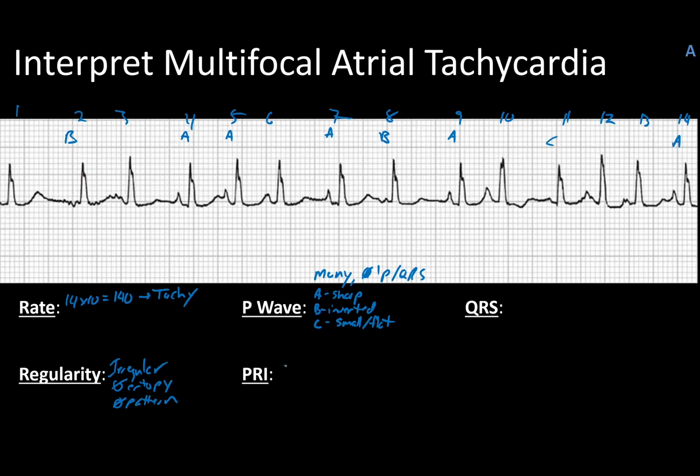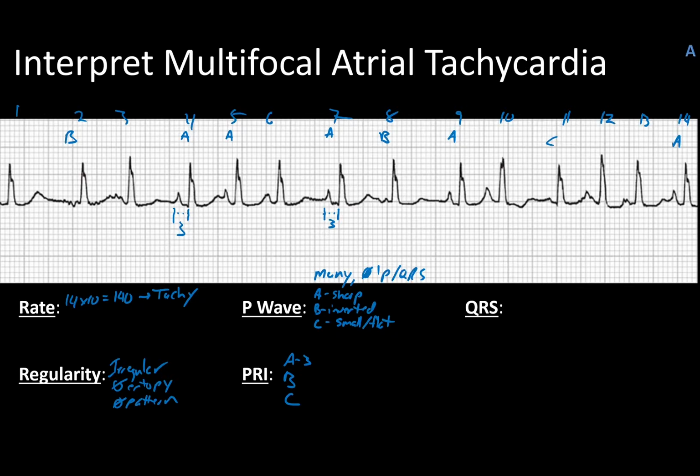So we've got A, B, and C, and we'll start with A's. One, two, three. What else do I have? Let's measure another A, number 7. One, two, three. So pretty consistent, three small boxes there.